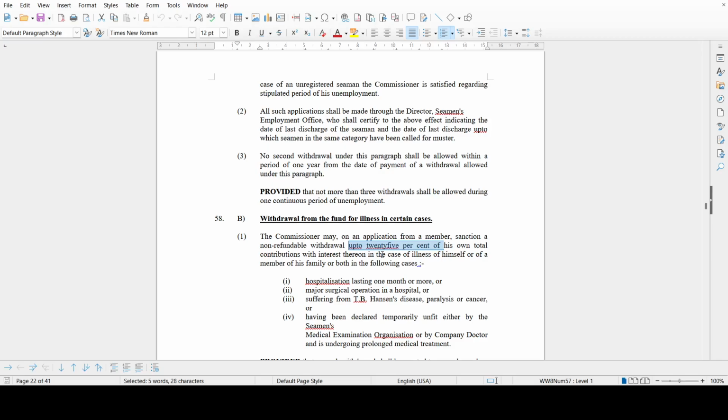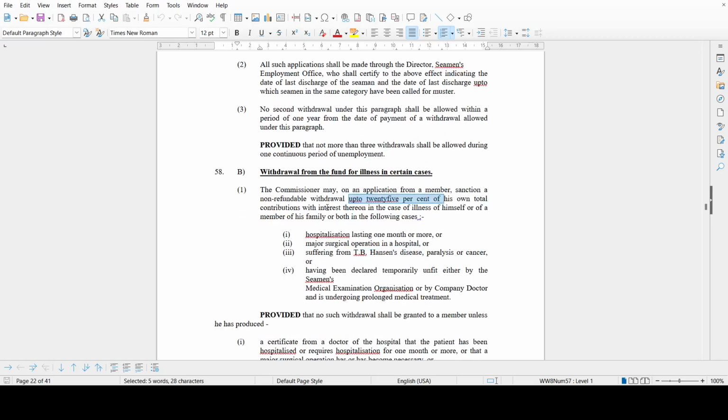Here again, the 25% is of the total contribution of the seafarer and the interest. It is not 25% of the total amount, which is the seafarer and the employer. Here it is 25% of only the seafarer's contribution and the interest on it.